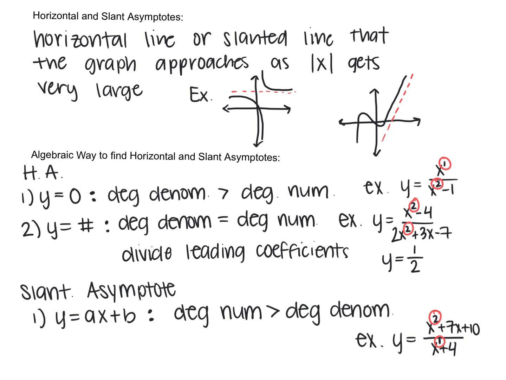And the only way to find a slant asymptote is by doing long division. The nice thing is it's going to be fewer steps than when we did long division previously when we were dividing polynomials. So it isn't going to be as much work. It is going to be a little bit easier.